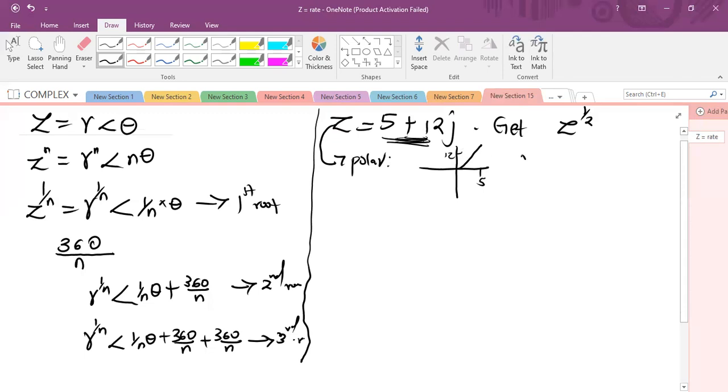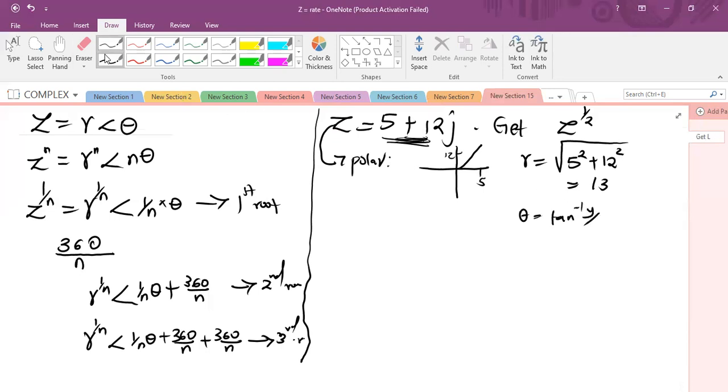How do we get the value of r? r is given by the square root of 5 squared plus 12 squared. And this will give what? Our value of r will be 13. And theta is given by tan inverse of y over x. So in our case here, our y is 12 and our x is 5.